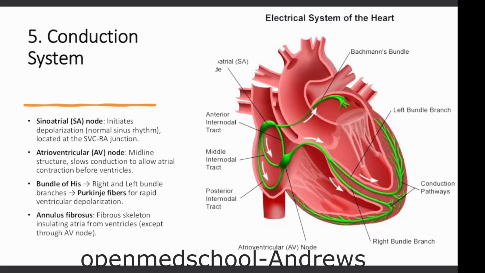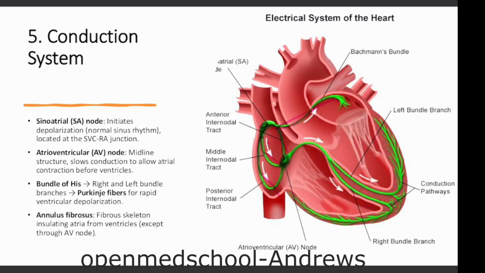Now we go into the next part, the basics of the conducting system. The impulses originate in the SA node here. Through specialized pathways, it activates the right atrium and the left atrium, and the impulse reaches the AV node.